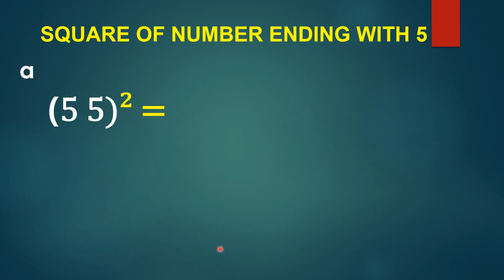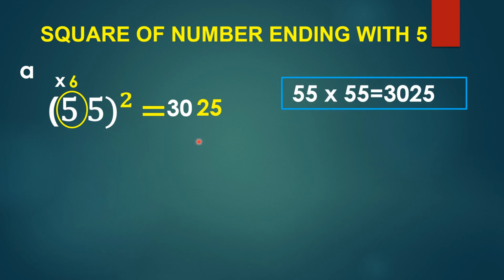Now let's see one more example. 55 square. First step, consider this number. What comes after 5? It is 6. Multiply. 5 6s are 30. Write it over here. Second step, 5 5s are 25. That's it. 3025. 55 into 55 is 3025. One more example. 75 square. We'll follow the same method. 7.